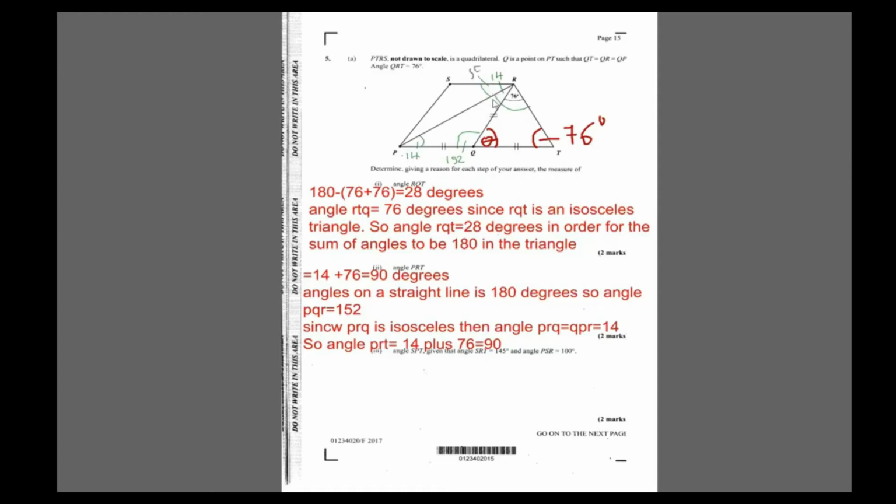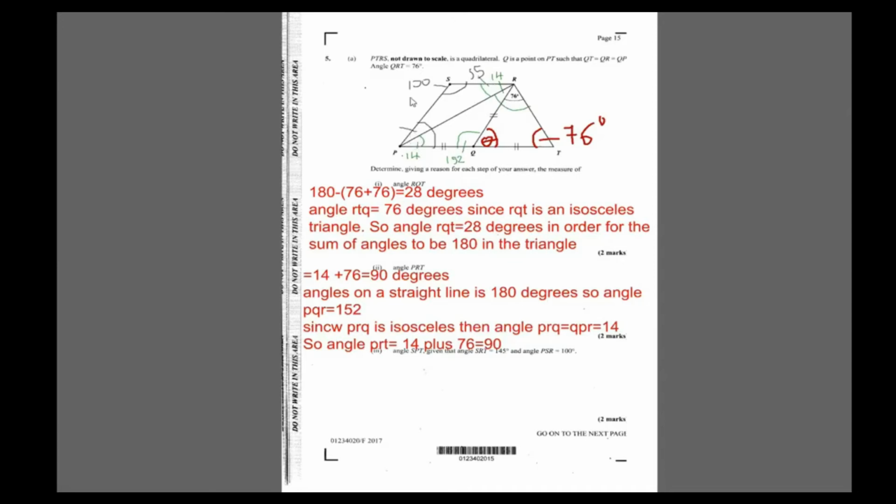If that angle out there is 55 and PSR equals 100 degrees, so this angle is 100. If this is 100 and this is 55, then they're asking us to find angle SPT. Angle SPT is all of this. So angle SPT is going to be this small angle plus 14 degrees.